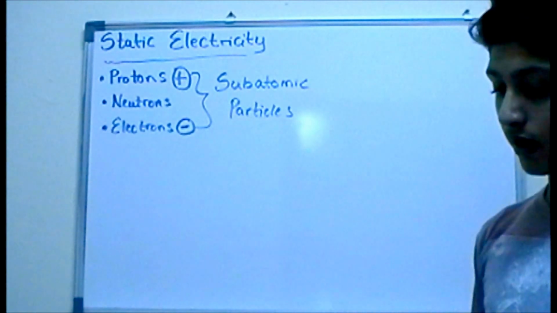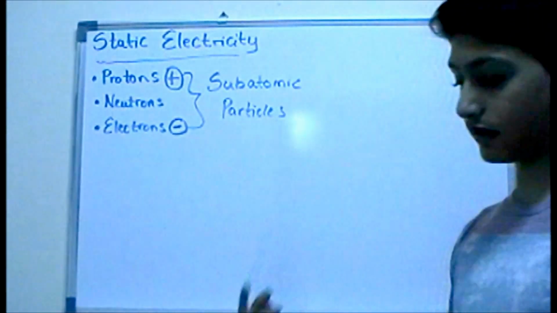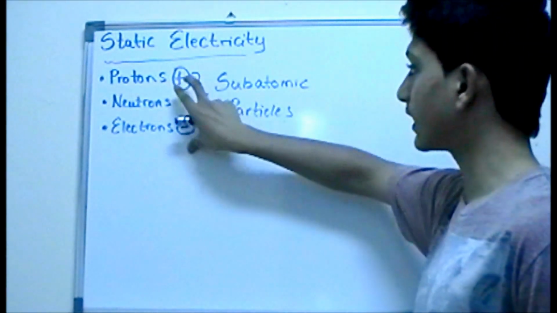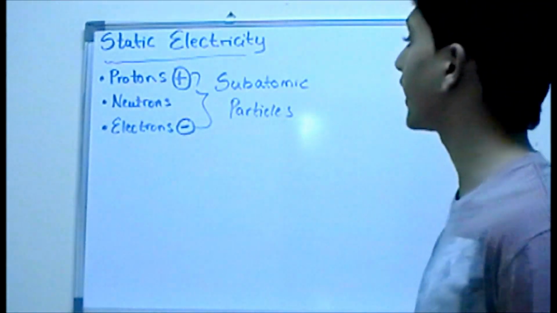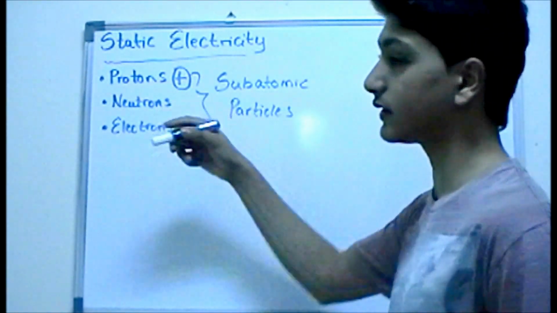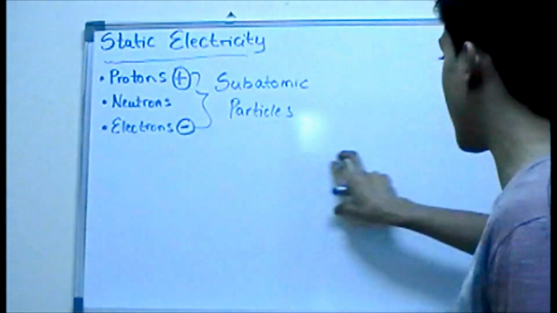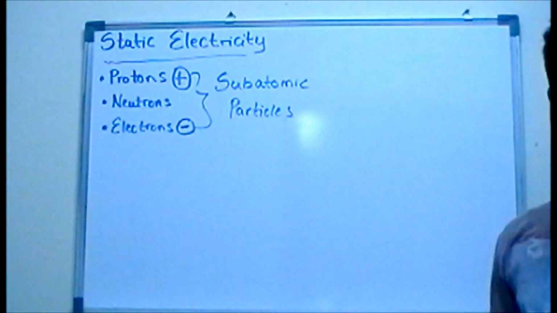Now scientists observed that electrons were attracted to protons, just because they are opposite charges. So you can say when you have opposite charges, they attract, and when you have similar charges, like an electron and an electron, they do not attract, they repel.